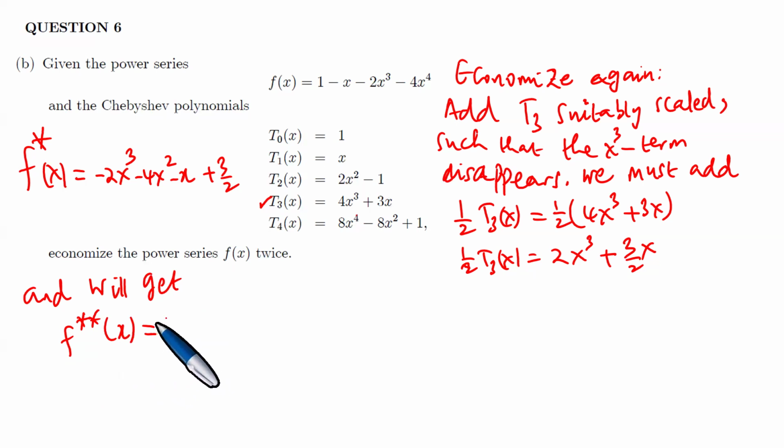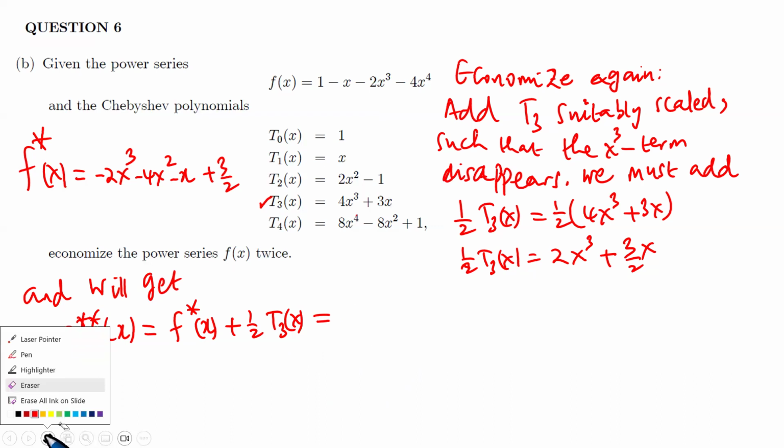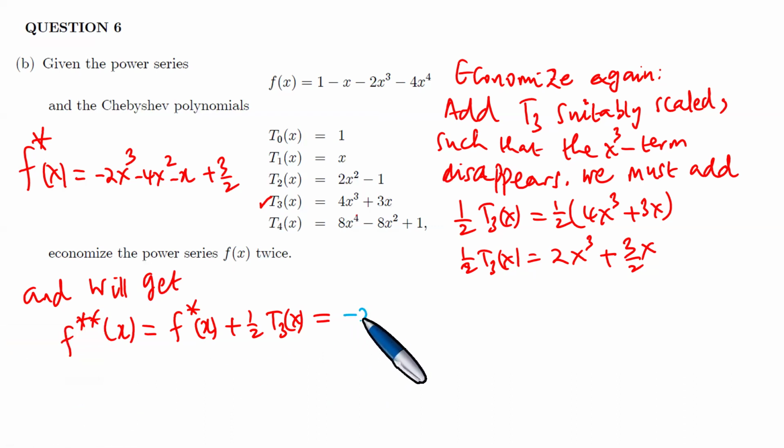And now we remember that we've got the first economized series, which is F star of x, plus 1/2 T3 of x, which is minus 2x cubed minus 4x squared minus x plus 3 over 2.